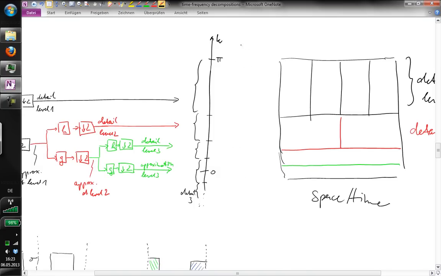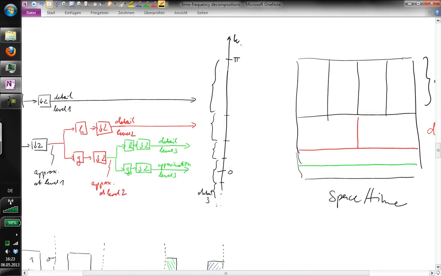If we had perfect bandpass filters, then the filter response of this first filter would look like this. The first high-pass filter would have a response of 1 here and 0 everywhere else. The second filter would have a response of 1 here and 0 everywhere else. And the third one would have a response of 1 here and 0 everywhere else, and so on. In fact, such filters exist.